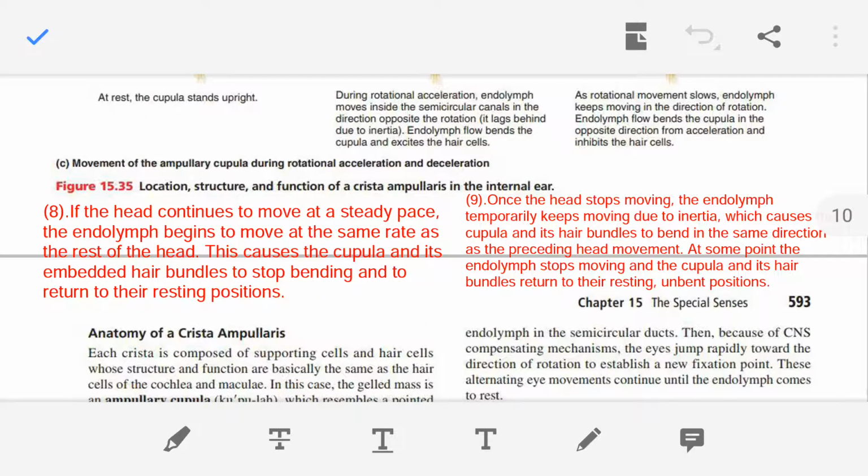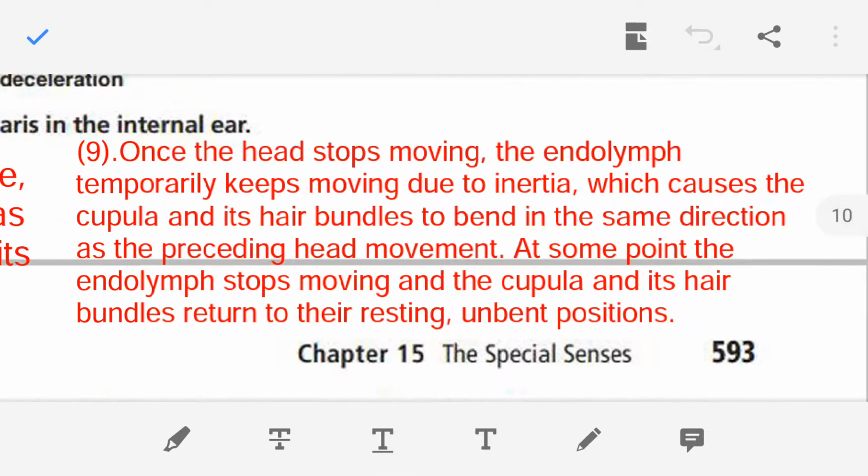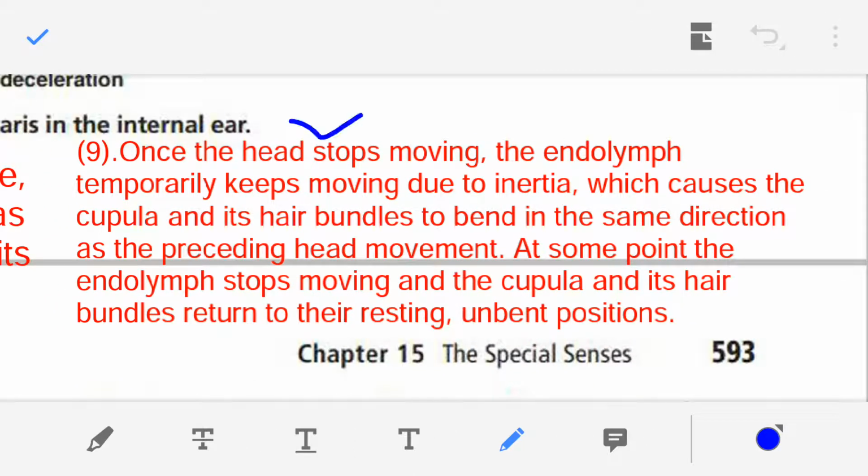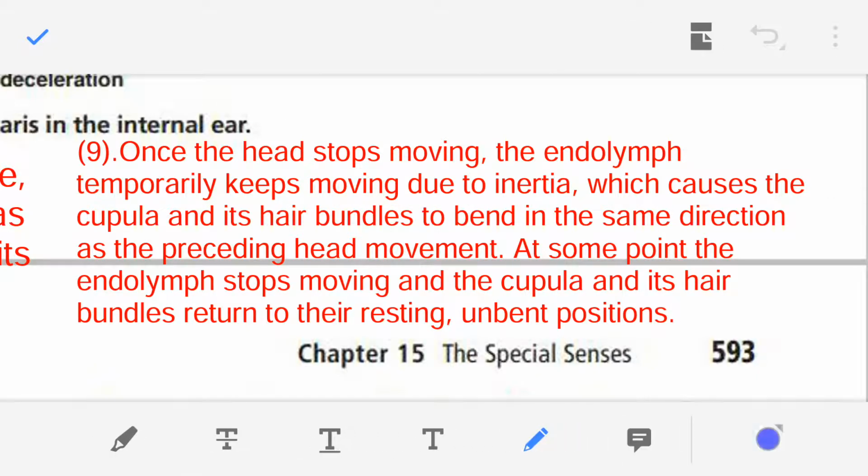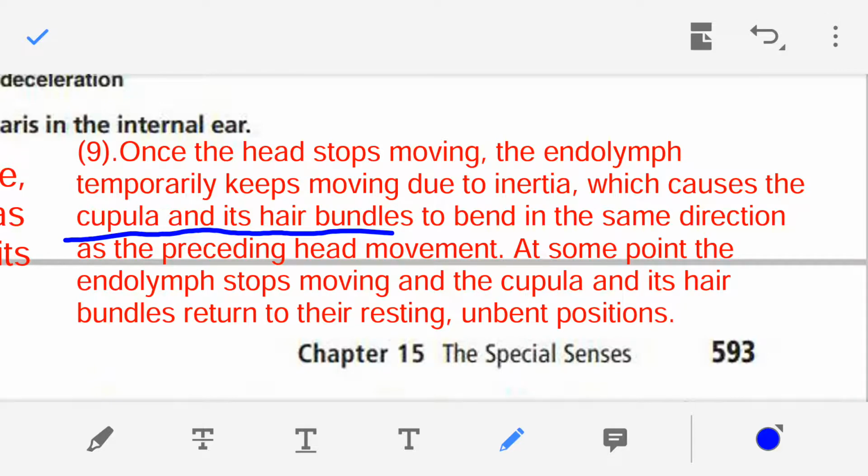Now let me read this point also. When the head stops moving, when the girl stops dancing, the endolymph still temporarily keeps moving due to inertia. And as the endolymph is still moving, this causes the cupula and its hair bundle to bend in the same direction in which the head movement was earlier.